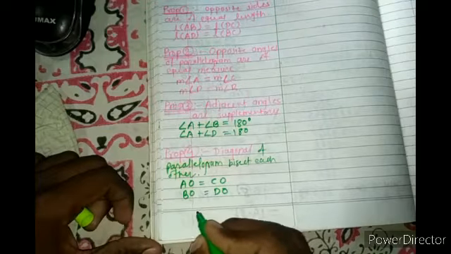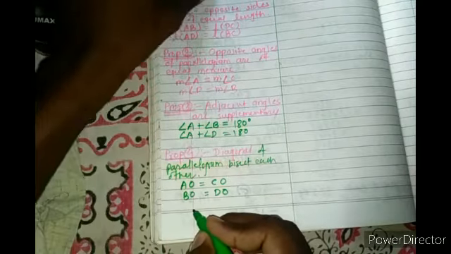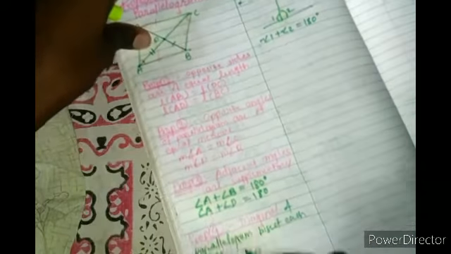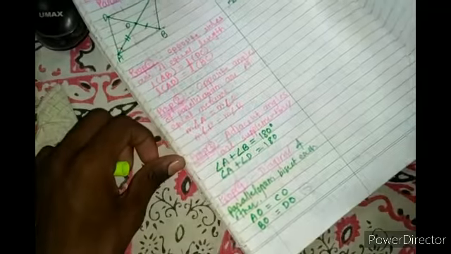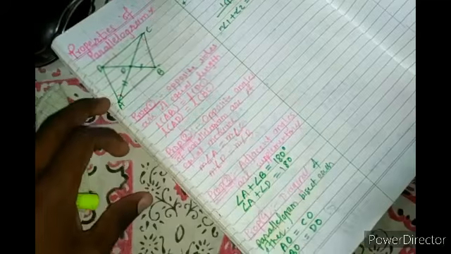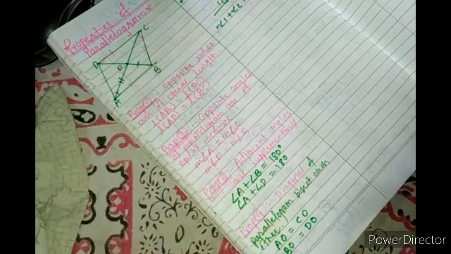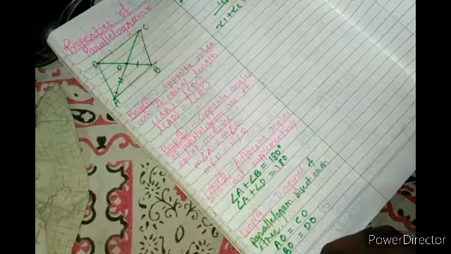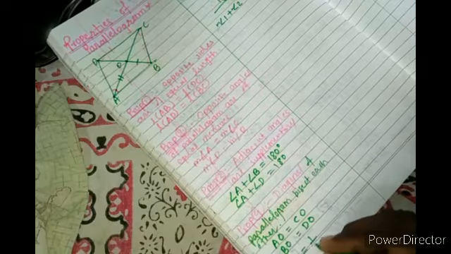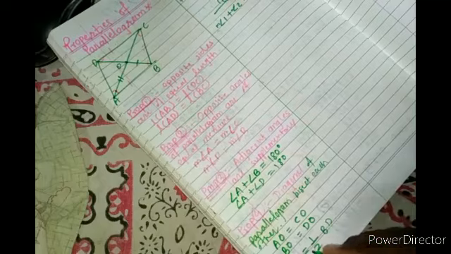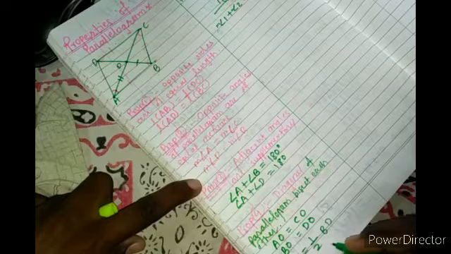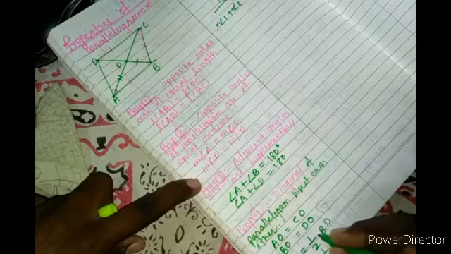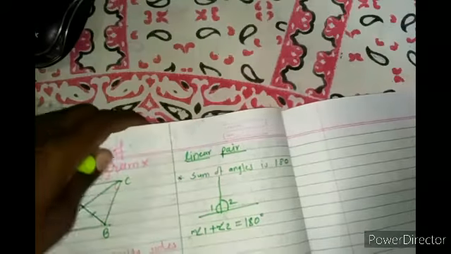Elsewise we can also understand if I am taking whole BD diagonal, in that whole BD diagonal, if I am taking OB or BO, so BO is half of BD. If I am taking AO, so AO is half of AC. Likewise also we can understand. So that was the property number 4.